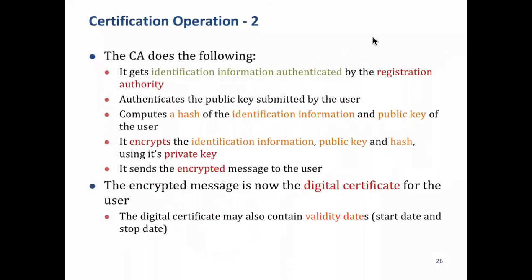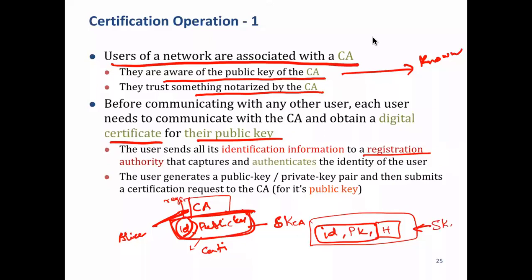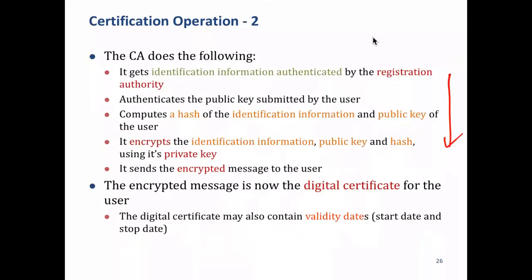So this is the process. In addition to this ID and public key, there can also be a hash, as we studied earlier, and all this can be encrypted with SKCA. All right. So these are all the steps.